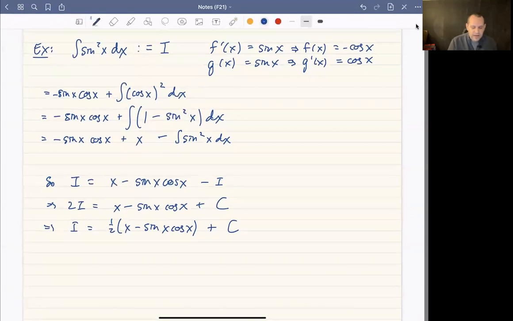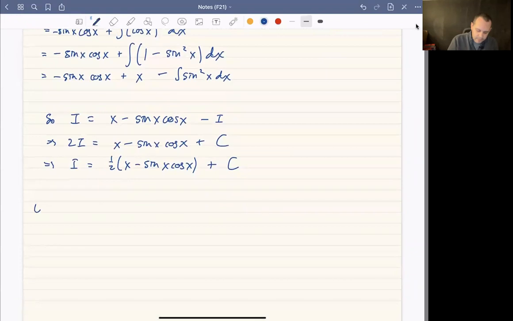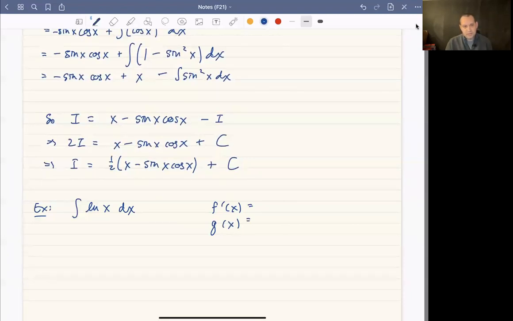All right, the next one to do is I want to integrate the natural log of x. What we're going to do is think about this as an integration by parts, and we have to decide what's our f prime and what's our g.